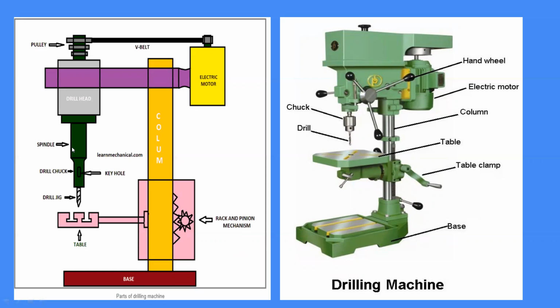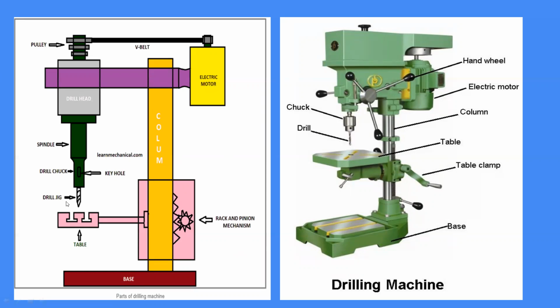The spindle is over here, the spindle is over here, and also the column is over here. This is the column, and you will have the pulleys, all these arrangements in this box. You will have an electric motor. This is the electric motor and this is the electric motor. This is a drill chuck and this is a drill.